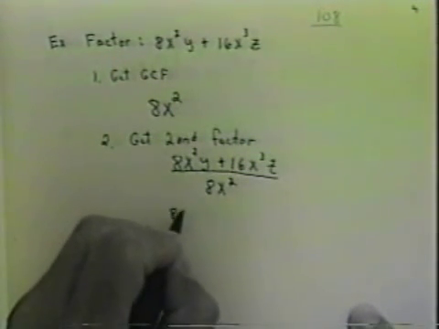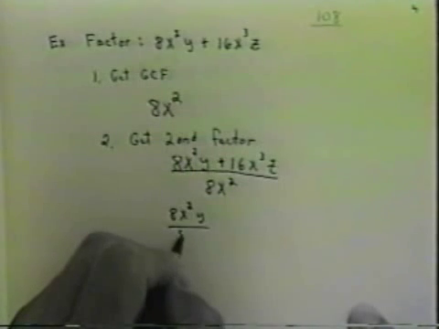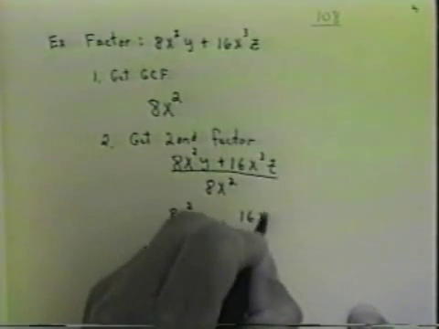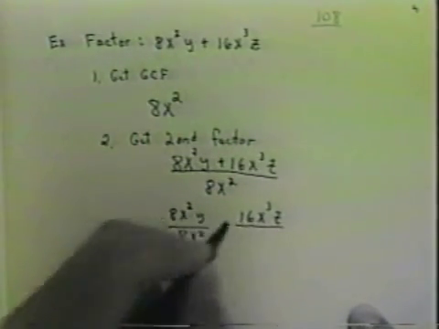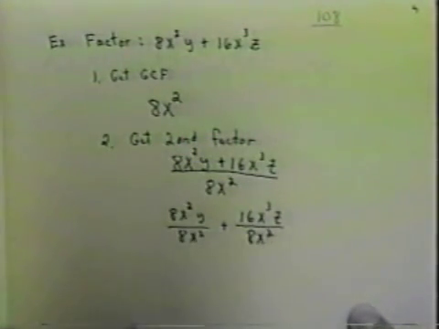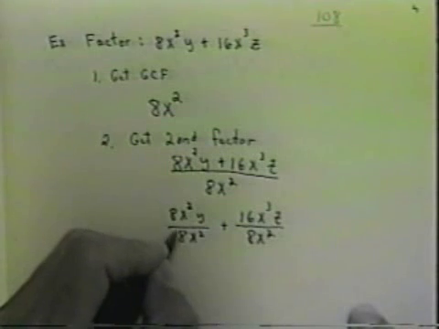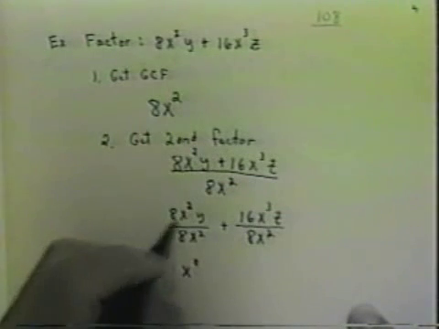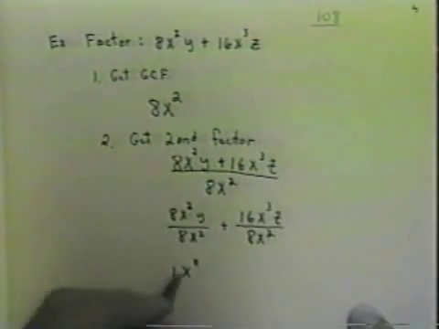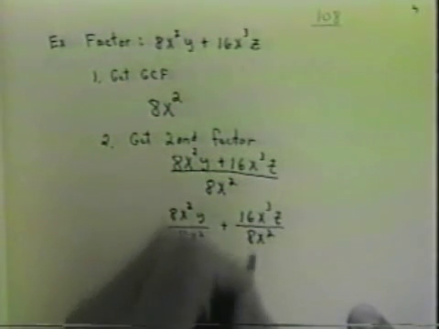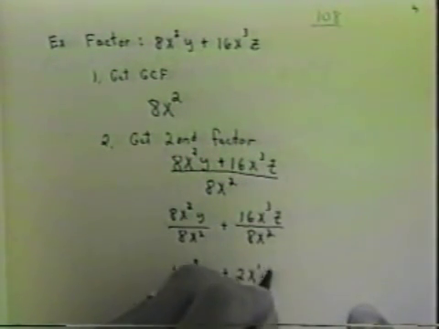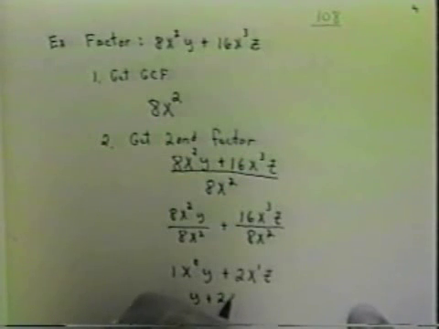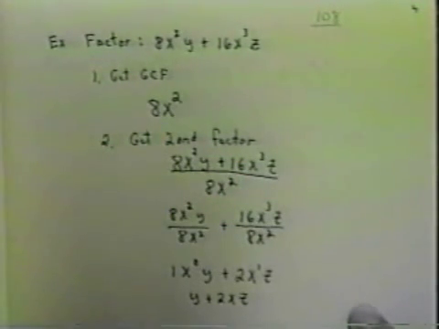Well, to divide, I would have 8x squared y divided by 8x squared plus the 16x cubed z divided by the 8x squared. Doing the division, 8 goes into 8 once. X squared divided by x squared would be x to the 0, because I keep the base and subtract the exponents. Y plus 2 x to the first z. Or I can write this as y plus 2xz. So that's my second factor.